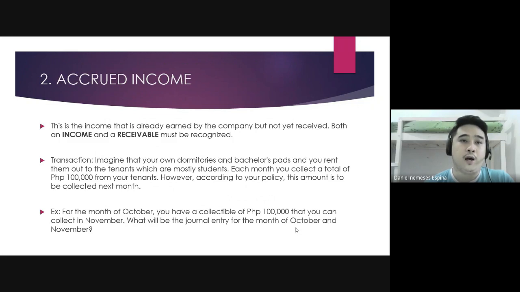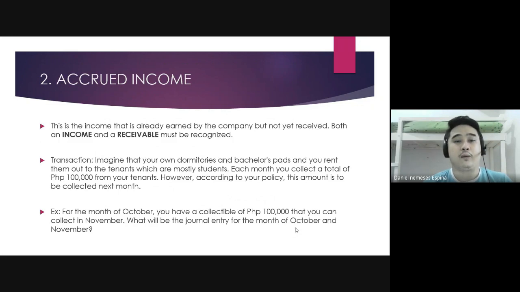So for example, kanang magpatahi. 'Di ba kung magpatahi ta mangayo man na sila og down, or perhaps imong bayaran daan. So those are accrued in... no, no, no. You have already done your job, you have already delivered, or you have already done the service, but yet to receive cash.